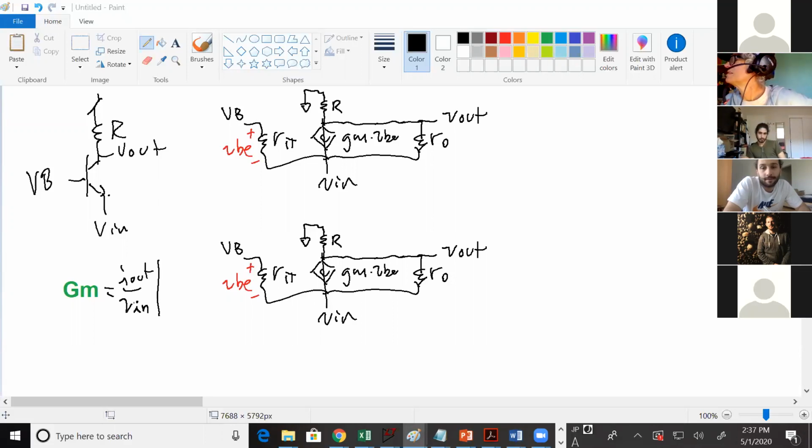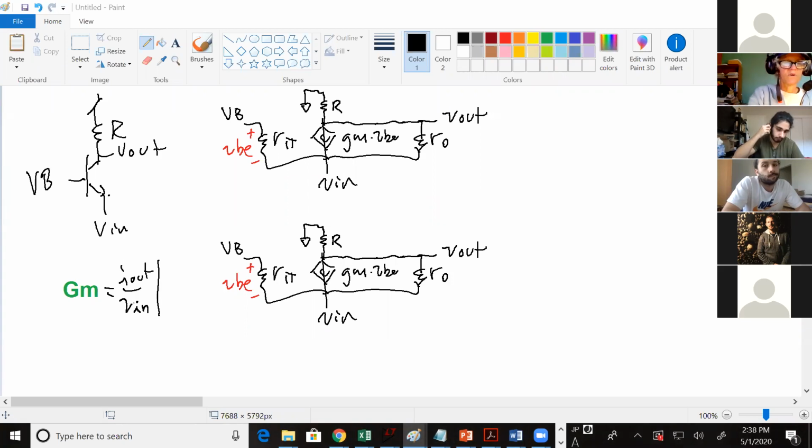Professor, I have a question real quick. When you're trying to find the sign of I out, whether it's negative or positive, should you generally see it being positive when it's going towards the emitter, or is it relative to whether it's a common base, common emitter, or common collector?